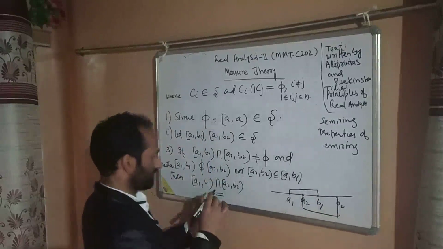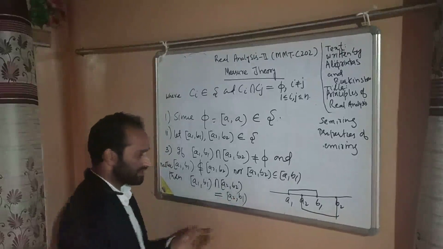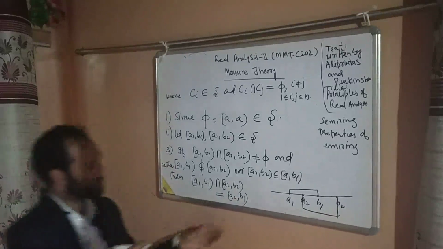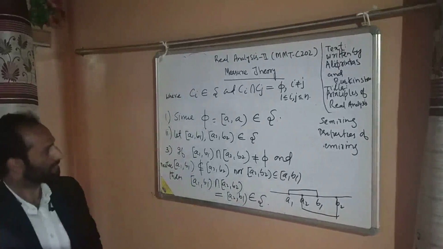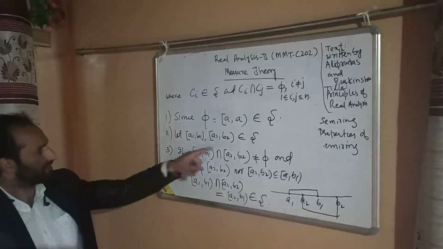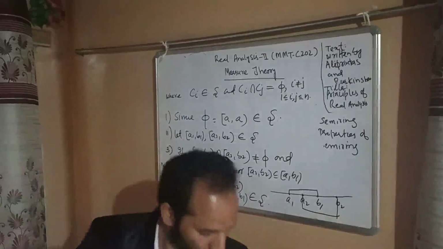It's A2, B1. It's again a semi-closed interval. Therefore, it's a member of S. So thus we have discussed all the three cases. Therefore, this S is closed with respect to finite intersection.